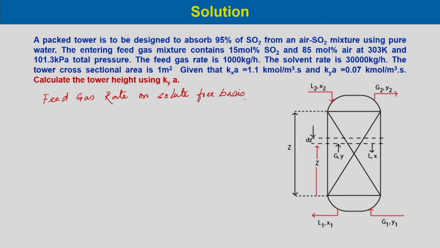This is basically Gs, which is equal to G1 into 1 minus y1. G1 is 29.2 into 1 minus 0.15, that is 15% feed gas concentration.